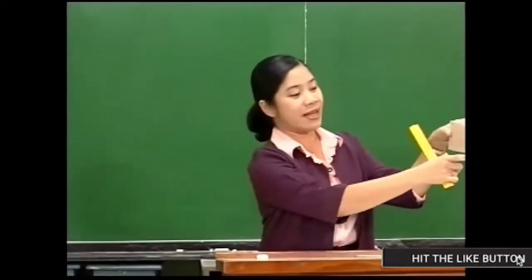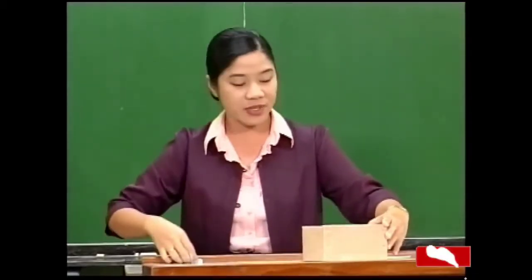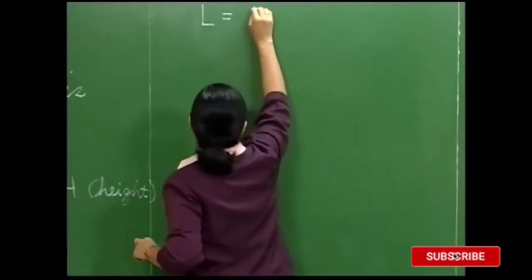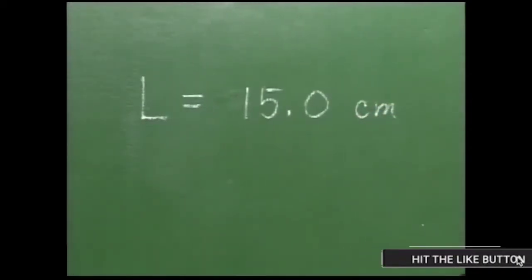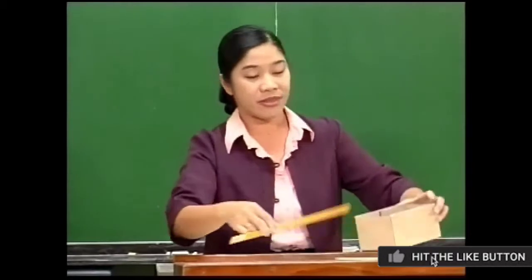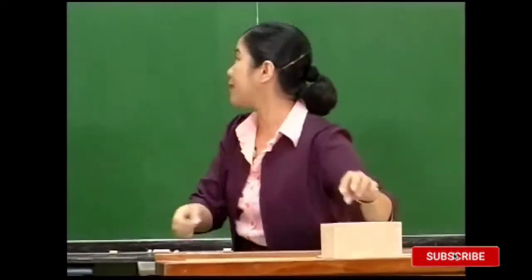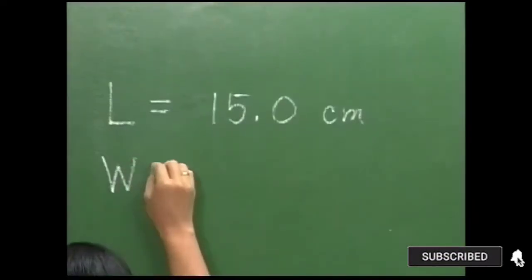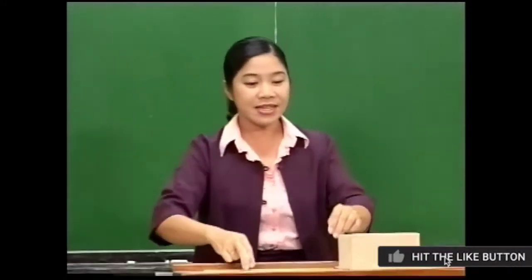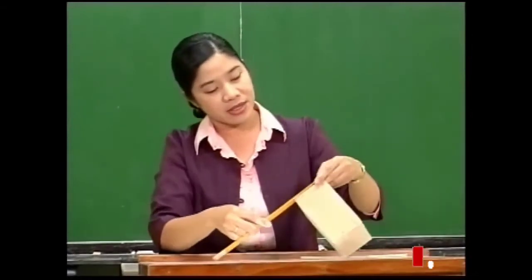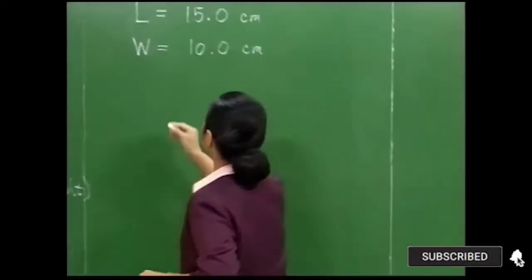For example, length L, if I use my ruler and measure it, I get 15.0 centimeters. I can also measure the width, and I get 10.0 centimeters. And finally, the height of the box is 8.0 centimeters.